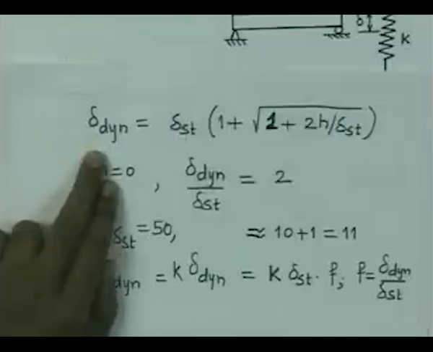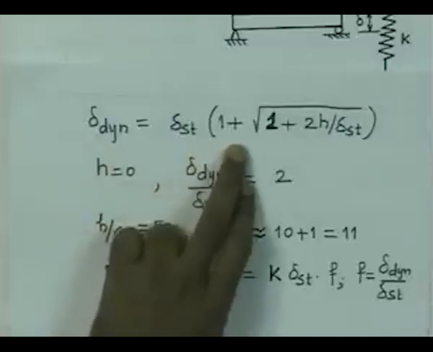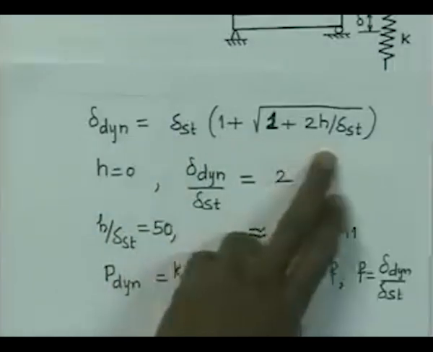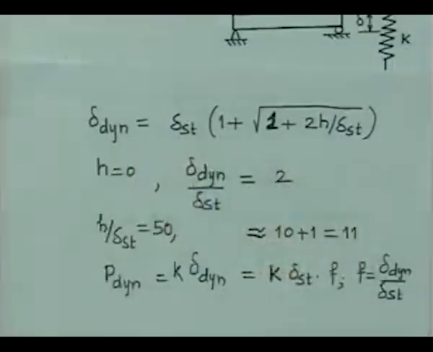So if it is the case of a beam upon which a weight is dropped, you can calculate the static deflection from the beam formula, and then use the formula delta dynamic equal to delta static into 1 plus the square root of 1 plus twice h by delta static, which will give you the dynamic deflection.